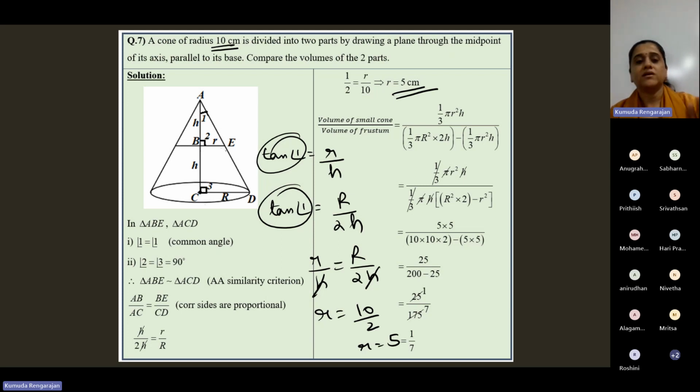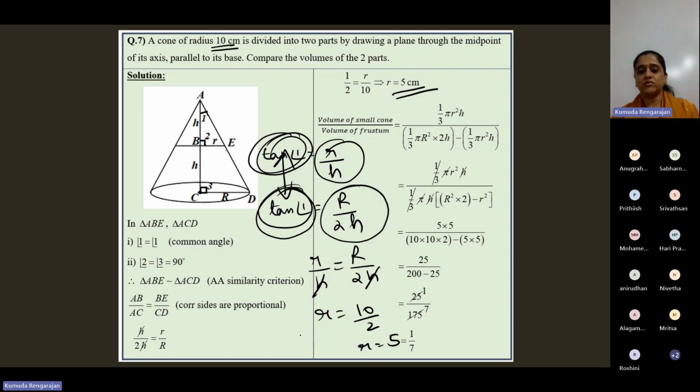So ABE is a right triangle, ACD is a right triangle, and in these two right triangles, the common angle is angle 1. So we'll find tan of angle 1 in both the triangles. So this one is equal to this one. So r by h will be equal to R by 2h. So when you equate, you will be able to find the value.